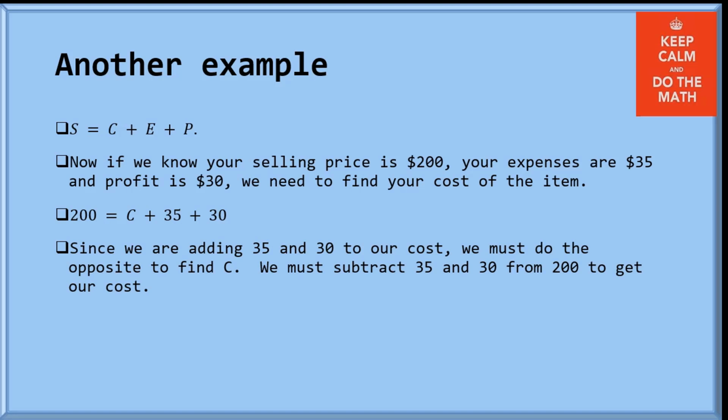Since we're adding 35 and 30 to our cost, we must do the opposite to find the cost of C. So we must subtract 35 and 30 from 200 to get our cost. So if you look at the letters, you'll see I'm taking the selling price minus expenses minus the profit equals cost. Or 200 minus 35 minus 30 equals our cost. So our cost was $135.